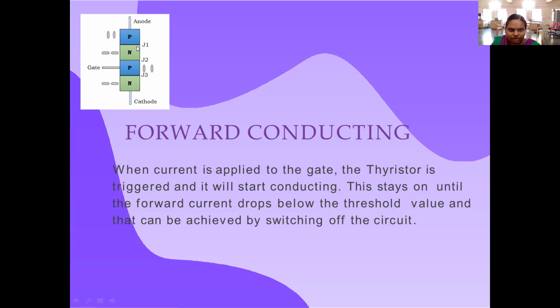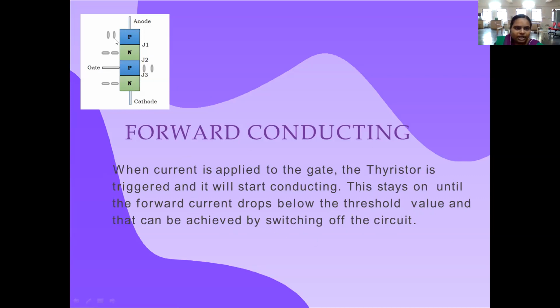Forward current has to pass through junctions 1, 2, 3, right? Based on this, the forward current drops below the threshold value, and that can be achieved by switching off the circuit. After giving the gate a trigger, we can switch off our gate, and the current will keep conducting in the SCR. That is forward conduction.